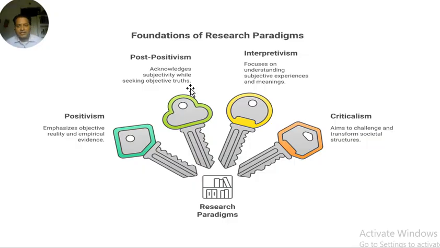Now, this topic is about the foundations of the research paradigm. A research paradigm is a belief system or way of thinking that guides how research is done. It influences how we collect data and understand the results. There are four main paradigms: positivism, post-positivism, interpretivism, and criticalism.